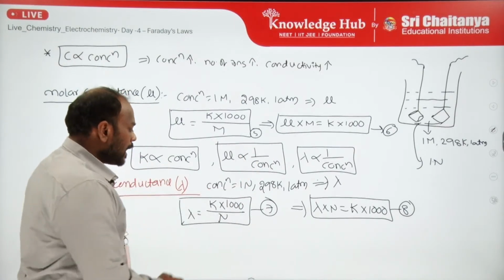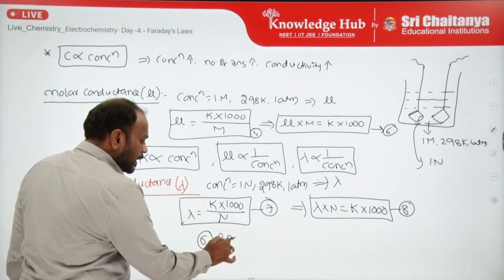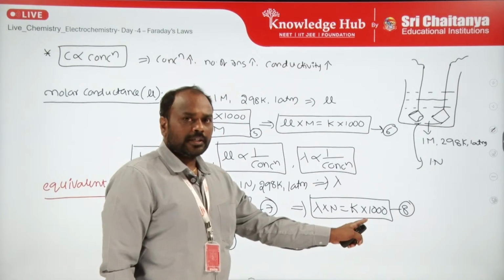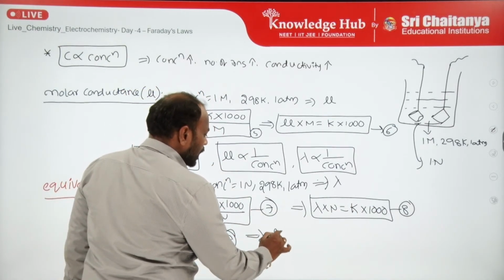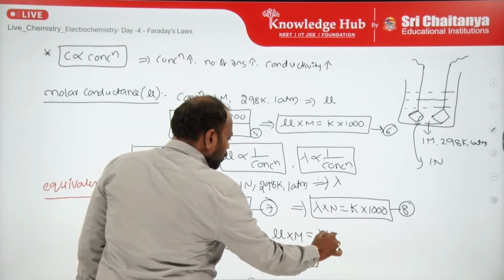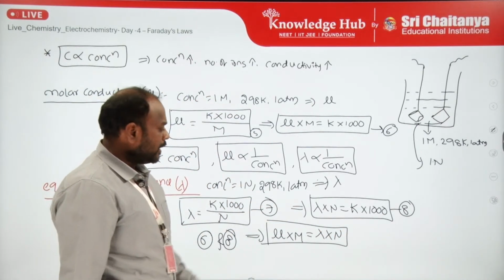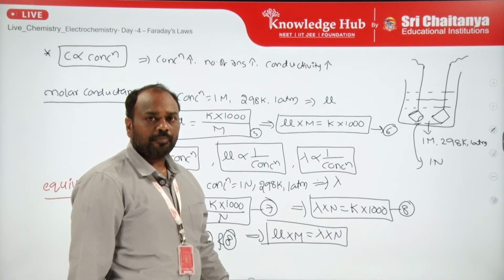Now see the comparison between 6 and 8. From equations 6 and 8, what do we get? Right side K into 1000, here also right side K into 1000. Based on this, the relation we are getting is mu into M is equals to lambda into N. So this is the relation between molar conductance and equivalent conductance.